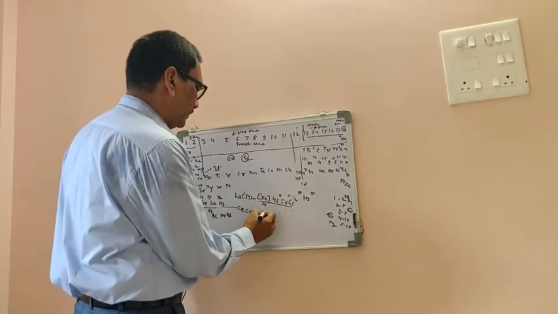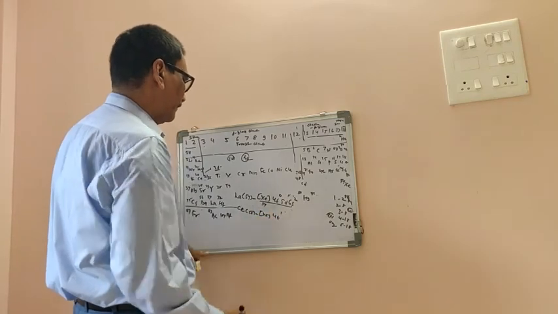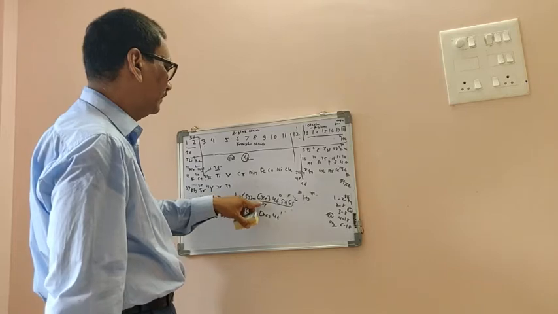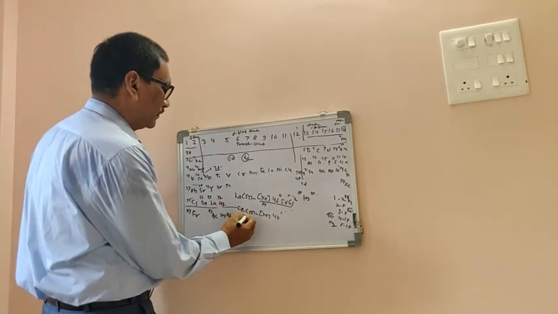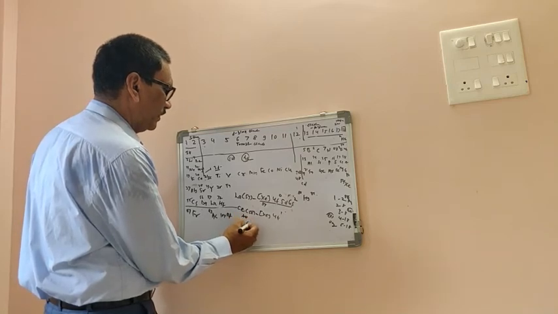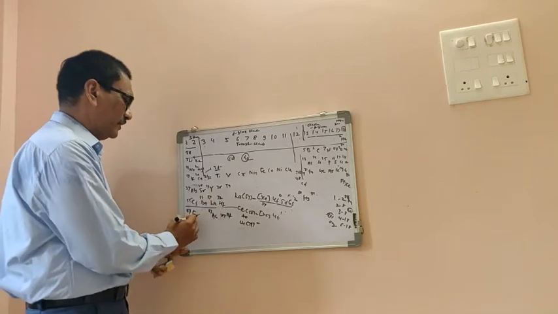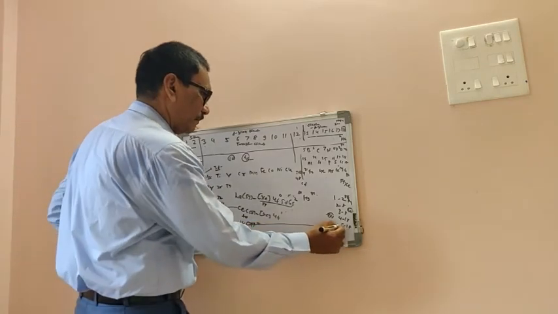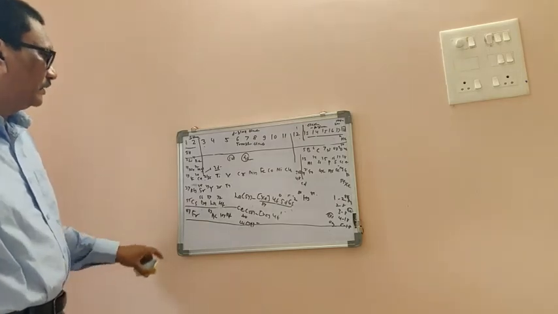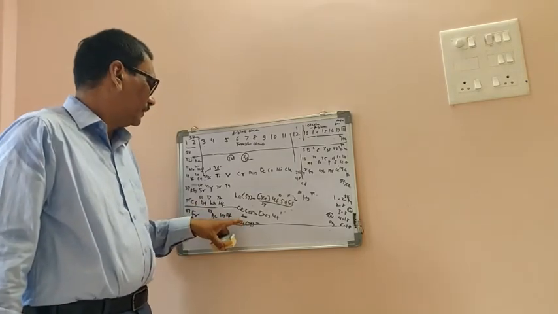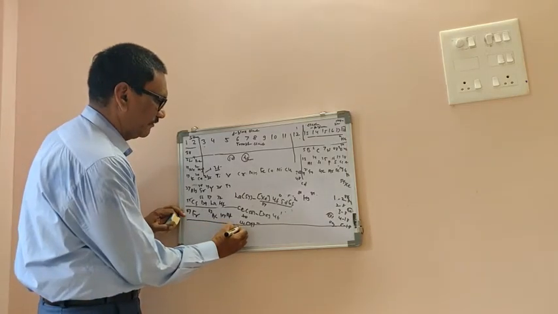These elements, from lanthanum to the atomic number 71 lutetium, are not written here in the main body of the periodic table. They are called the first series of the inner transition elements.